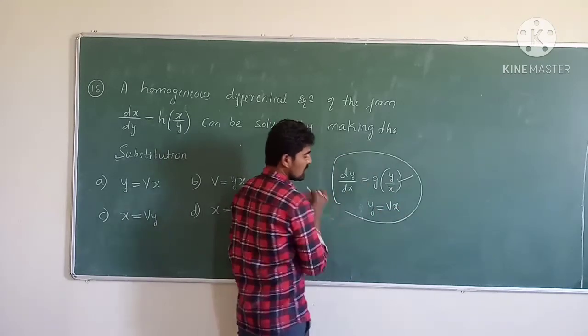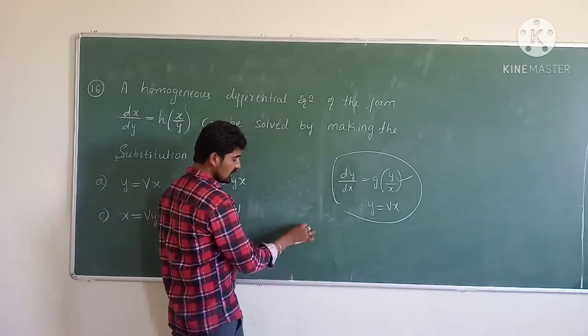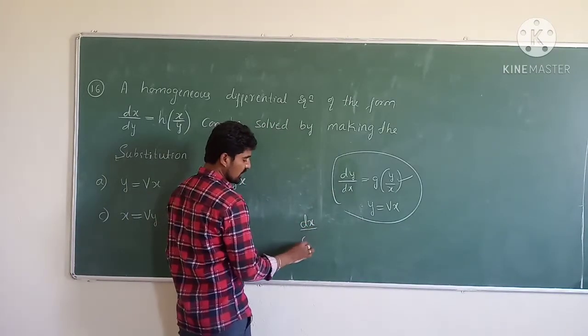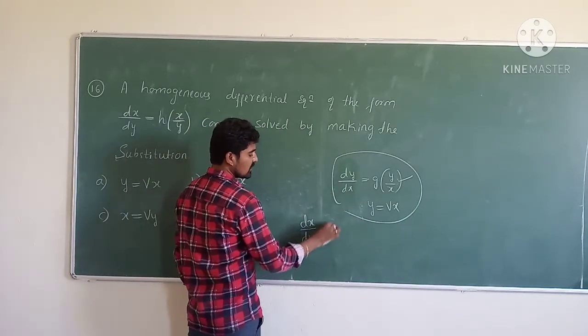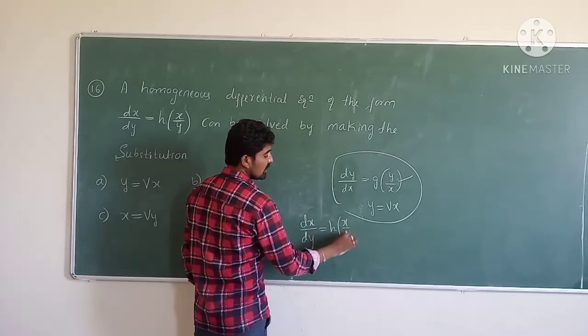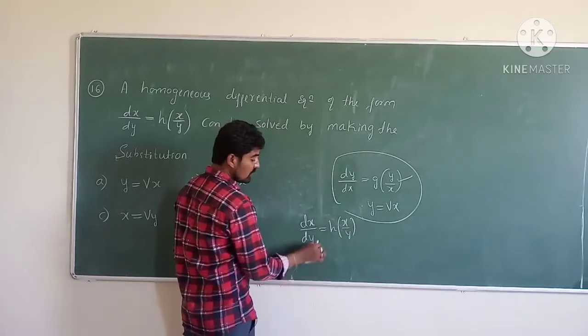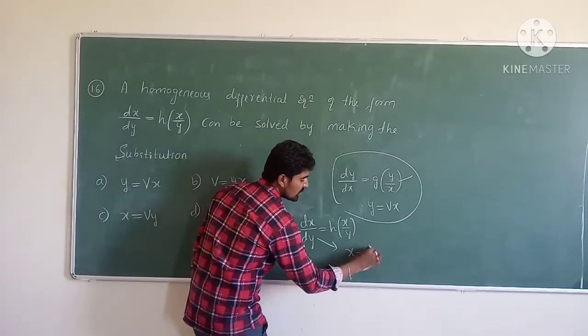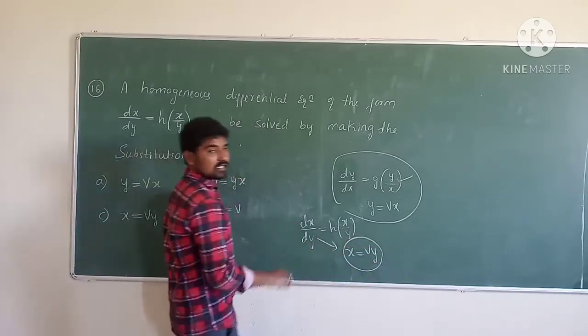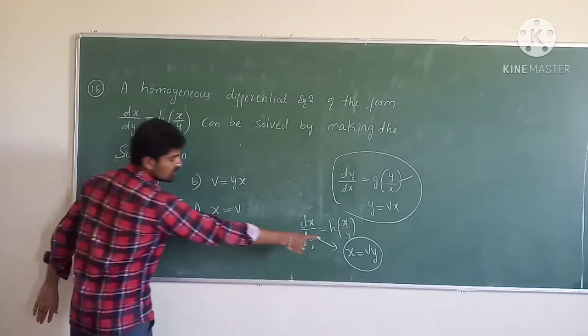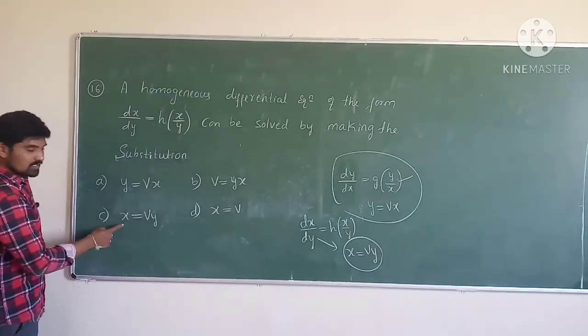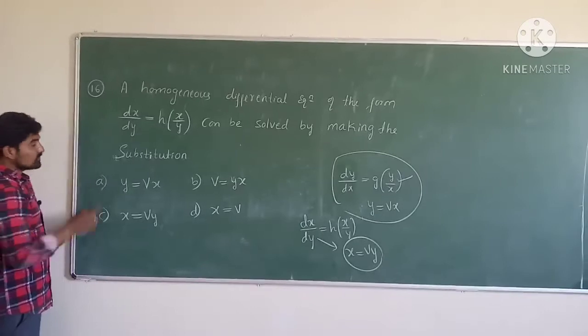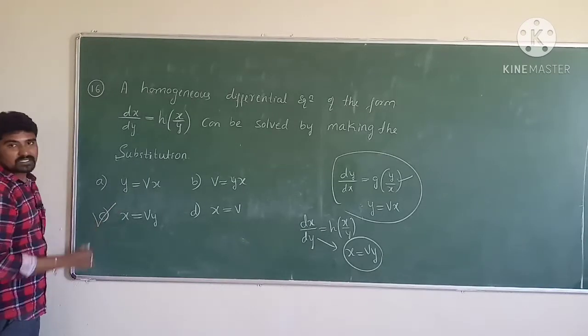And any differential equation of the form dx by dy which consists of terms of the form x by y can be solved by using the substitution x is equal to vy. So here it is given as x is equal to vy in option C. Therefore, the correct option for the 16th question is option C.